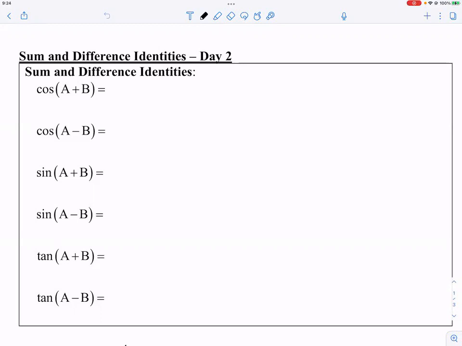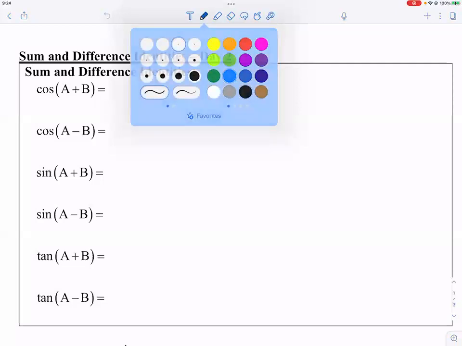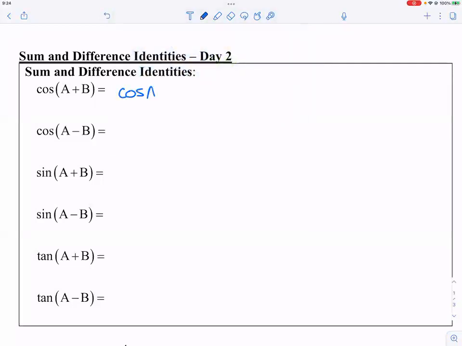So cosine A plus B is cosine A cosine B minus sine A sine B. Cosine A minus B would be very similar to the previous one, except that it is a plus instead of a minus.